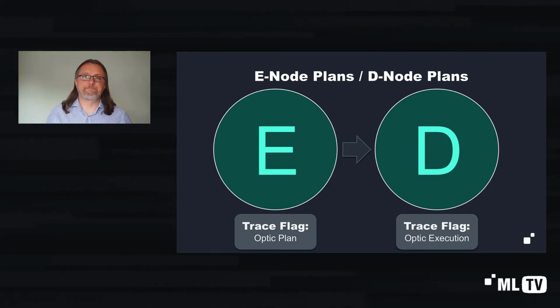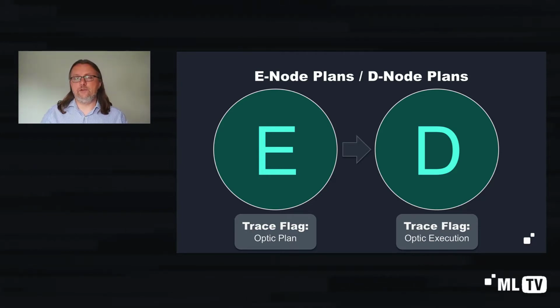In addition, there are various trace flags that you can set in MarkLogic to get it to produce useful output about what's being executed. And you'll see some of those plan outputs in my slides. If you want to see the same kind of output from your queries that I'm showing on the slides, you'll see these little trace flag grey boxes on the screen, and they will tell you which trace flag I've used to capture that output.